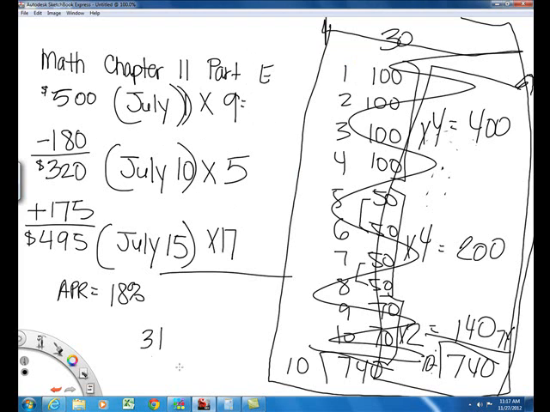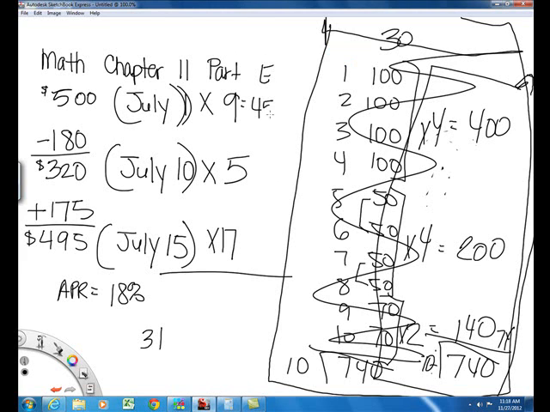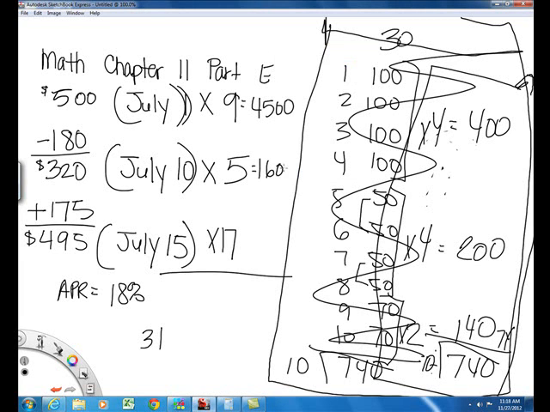Now all I have to do is my multiplication. For 9 days I was at $500, which makes that 4,500. For 5 days, I had a balance of 320, which makes that 1,600.